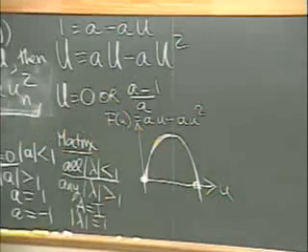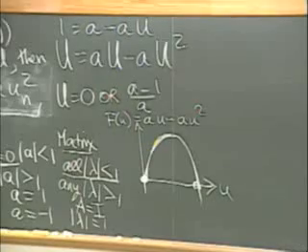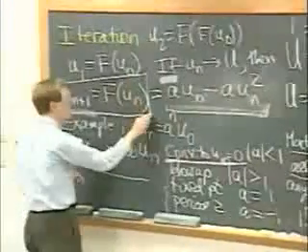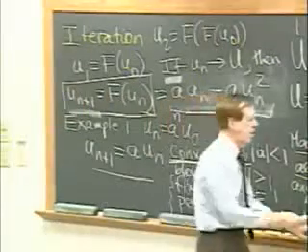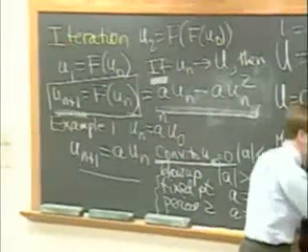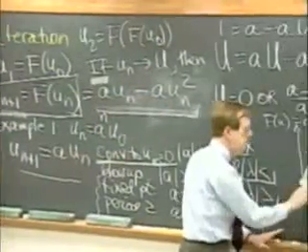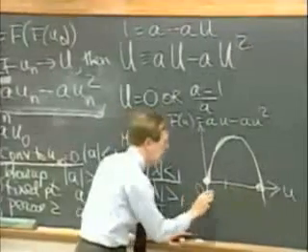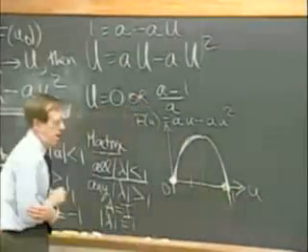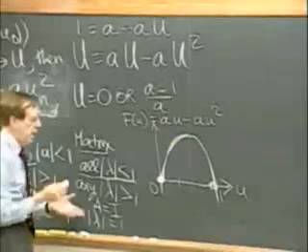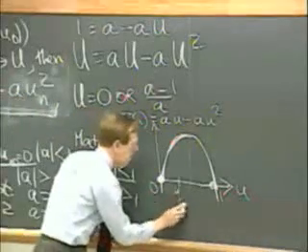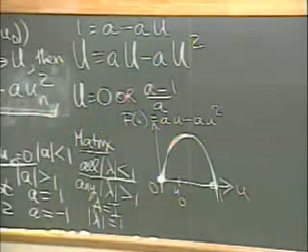Okay. Now let me graph this iteration. So let me start at a point U0. The nice thing is we can stay inside this interval between 0 and 1 for this example. Okay, so let me start at some U0 and follow the iteration.